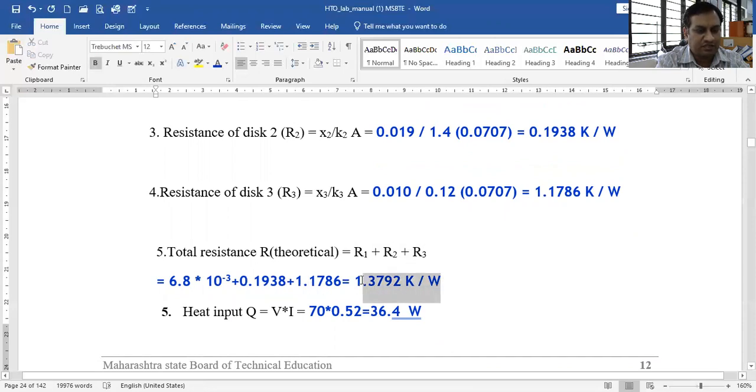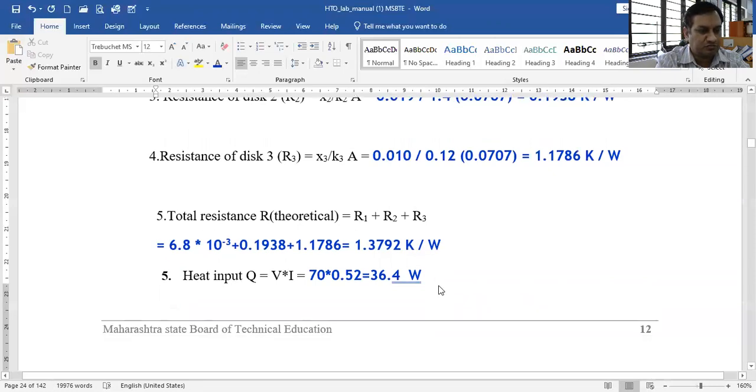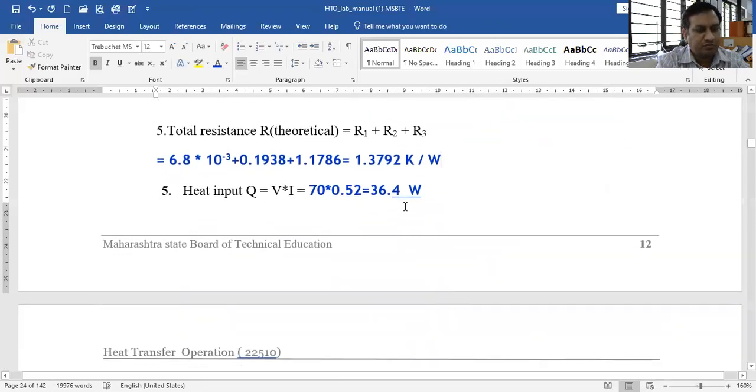Then we can calculate R1 plus R2 plus R3, that is 1.3792 Kelvin per watt. This is the thermal resistance calculated on the theoretical basis, because we know the thicknesses, thermal conductivities and area, and on the basis of these parameters we have calculated this theoretical total resistance 1.3792.